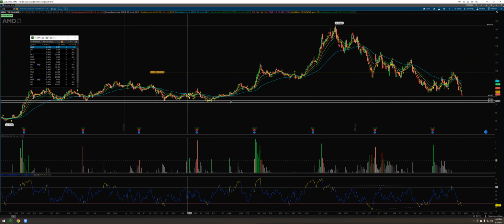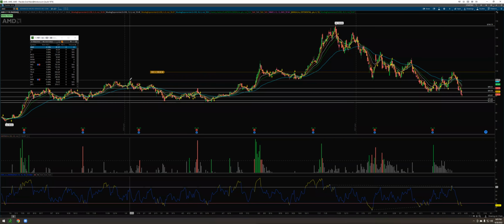What else do we see? To the upside, we have one here. This is a peak. This is another peak. And this is another peak. So I have some levels there on the daily time frame. You can do weekly.